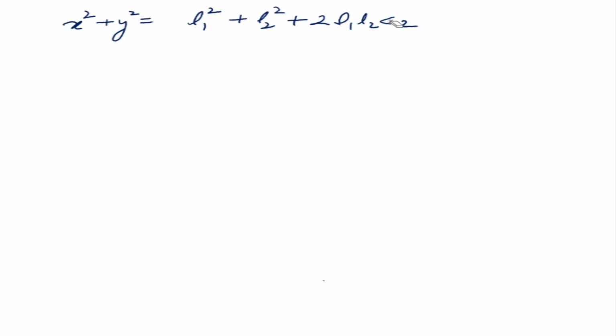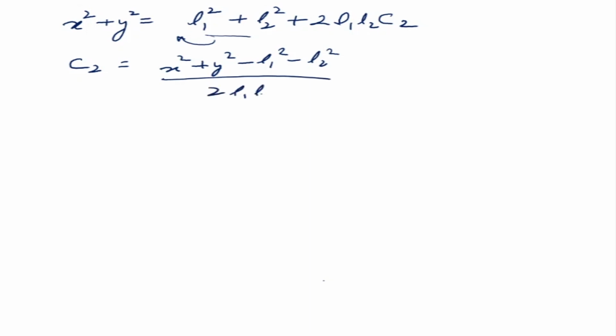Okay, so this is something interesting. We were able to solve because that happened. Now if that did not happen, then you would not be able to solve. So now what we find is cos theta 2 is equal to, I take this to the other side, x squared plus y squared minus L1 squared minus L2 squared divided by twice L1 L2.